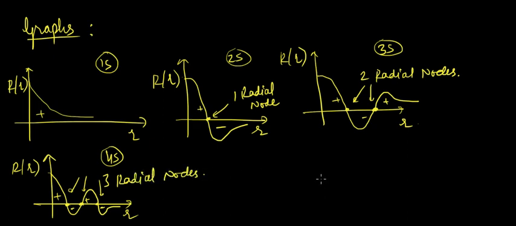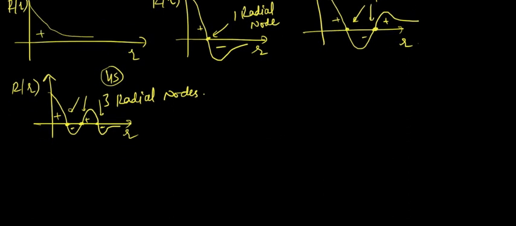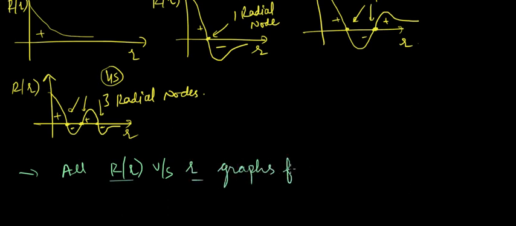Let me write down some notes on the same: all R(r) versus r graphs for s orbitals start from a non-zero value.